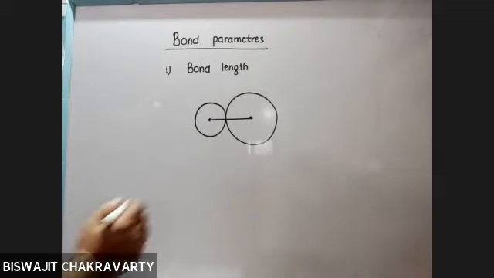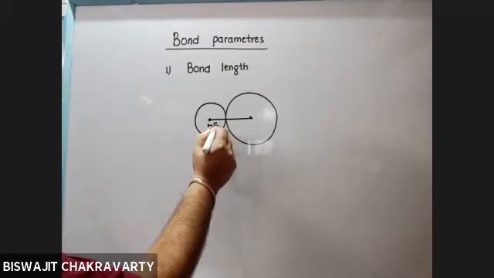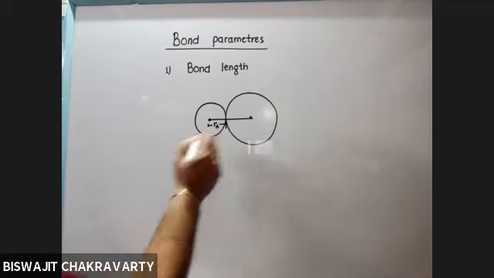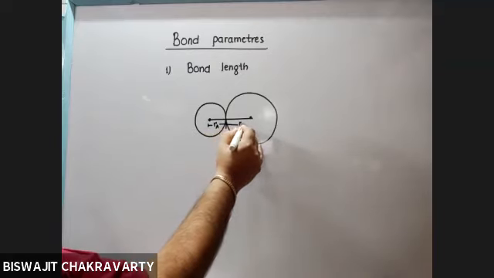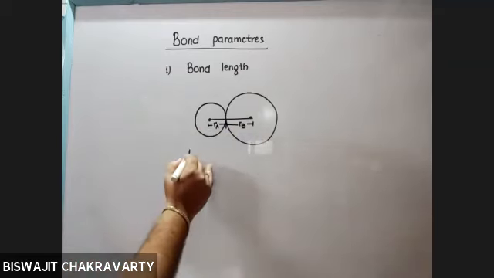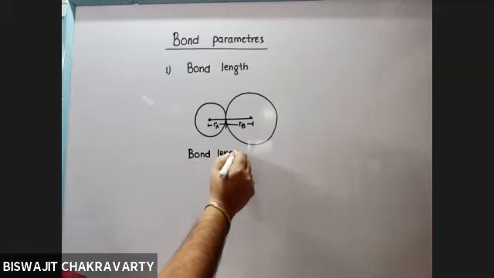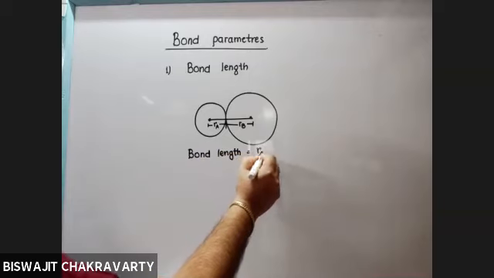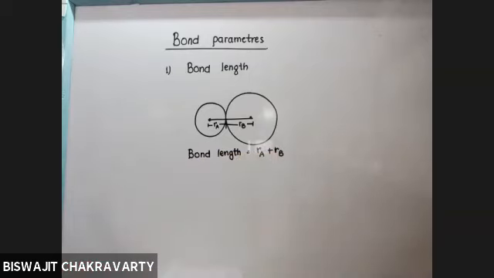So we can say that from this distance to this distance, it is the radius of, say, atom A. And from this distance to this distance, we have the radius of atom B. So if we add up the two radii, RA plus RB, that is going to give us what is called the bond length.